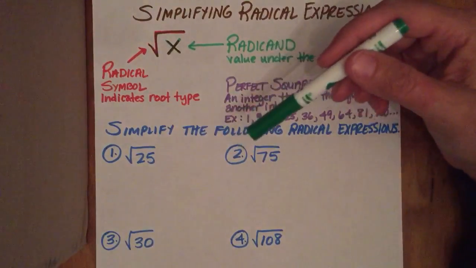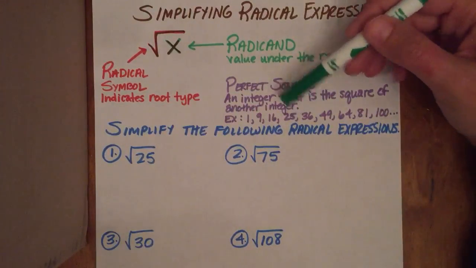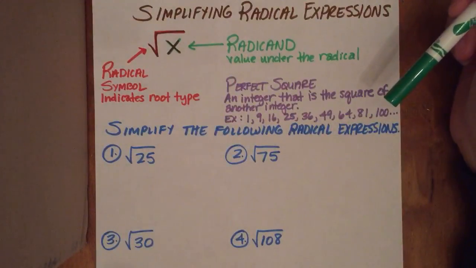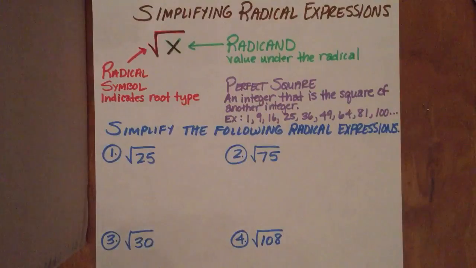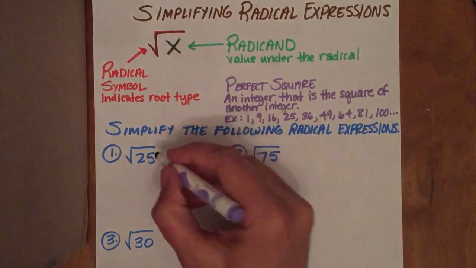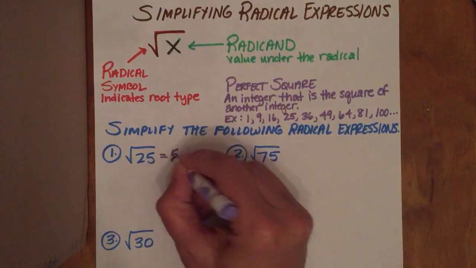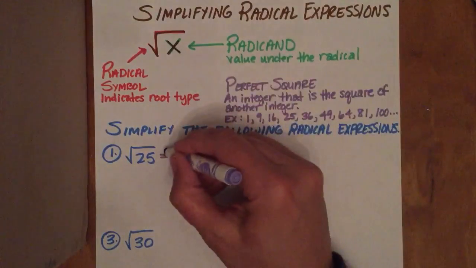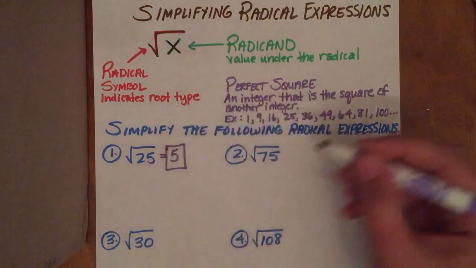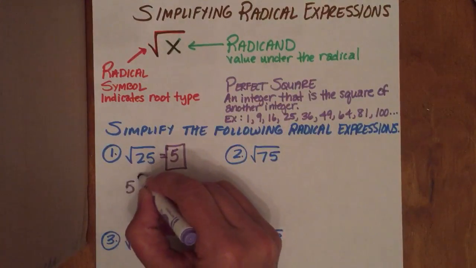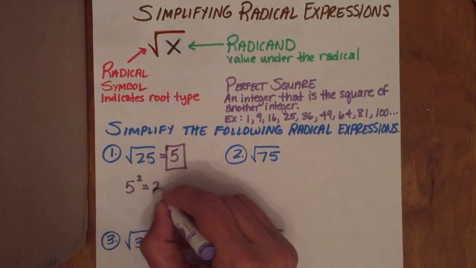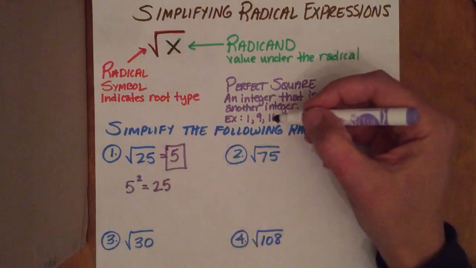Based on what we see here, we shouldn't have to do any work on number 1. We know that 25 is a perfect square, and the answer to number 1 is 5. Why is the answer 5? 25 is a perfect square because if we square the integer 5, we get the integer 25.